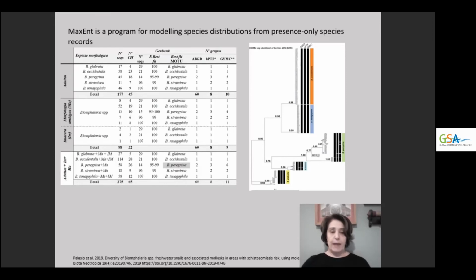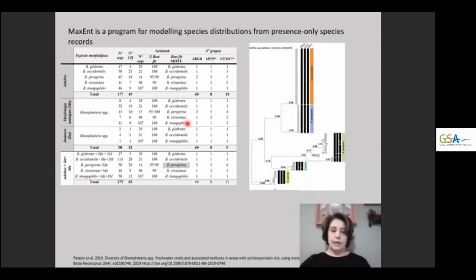We used Maxent as a program for modeling species distribution. And Maxent needs presence-only species records. For us, it means identification. We performed the identification of the snails through morphology and DNA barcoding.